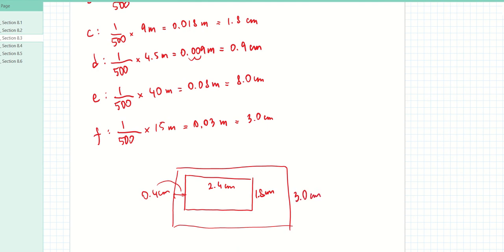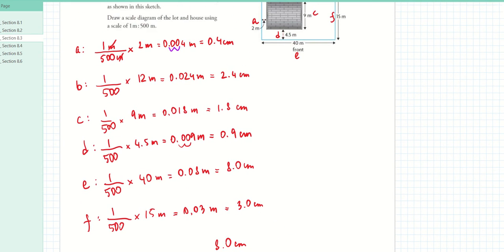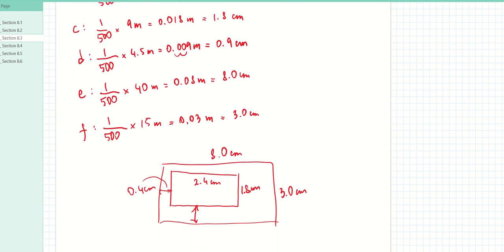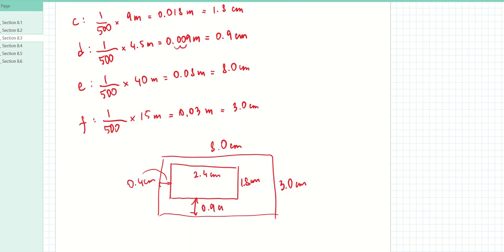This is going to be 8.0 centimeters, the length. And what else we have? This distance we found to be, this was D, which is now 0.9. So this is 0.9 centimeters. So you would actually sketch it exactly to scale using a ruler and using the centimeter values. So you reduced it by 500 factor.